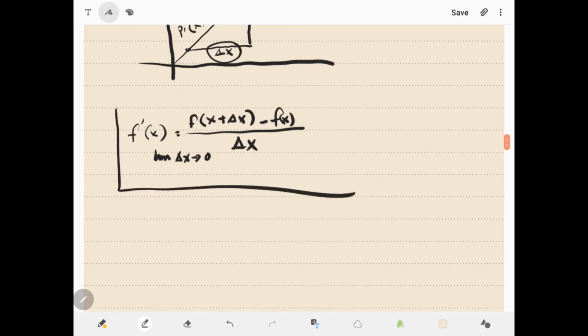This is now the general form of the definition of limit of a derivative. Okay, example.